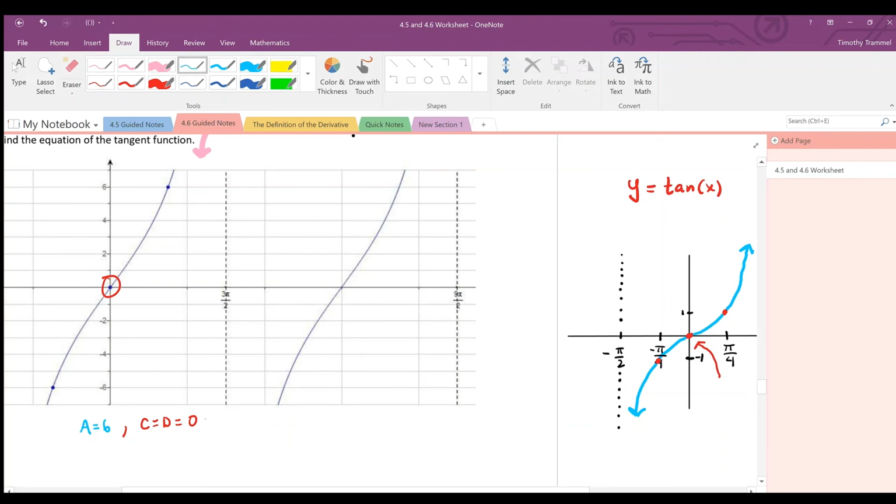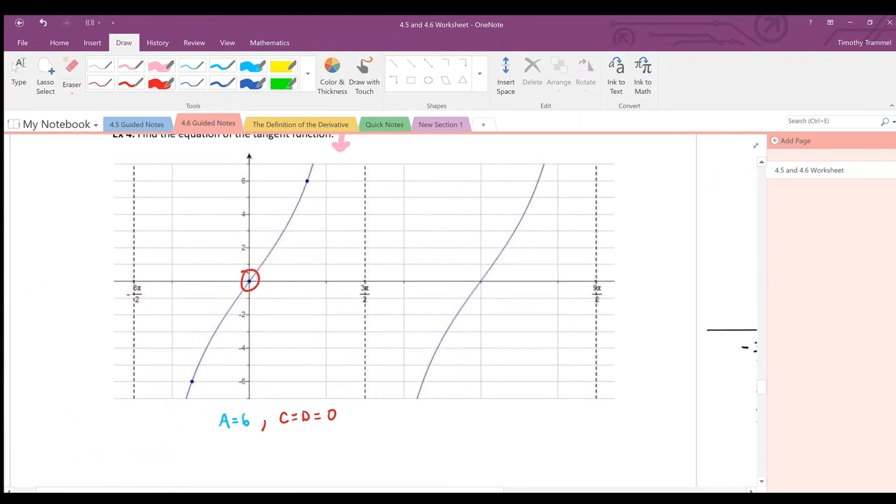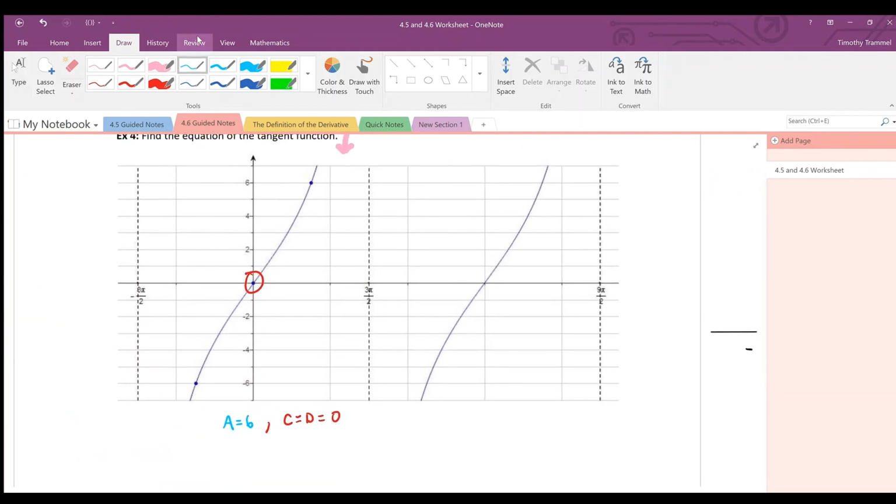All right, and then there's one last piece here. We have B. So we're going to need to try and look at the period of this. So the easiest way to find the period of a graphed tangent or cotangent function is actually to subtract the x values that correspond to 2 consecutive asymptotes.